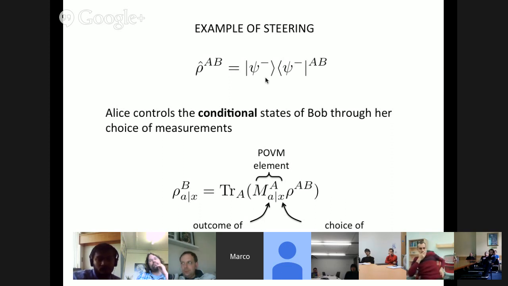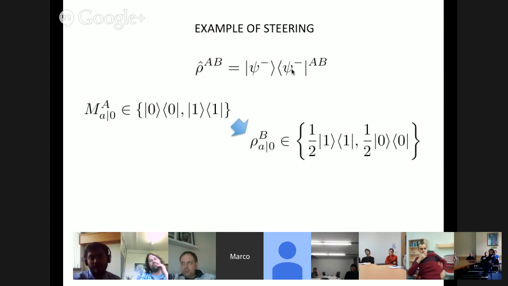So let us move to the specific case of the singlet. For example, the first choice of measurement Alice may choose is the standard one in the computational basis, 0, 1. That leads to 2 possible conditional states on Bob: 1 and 0.